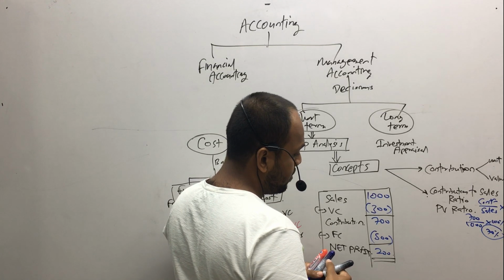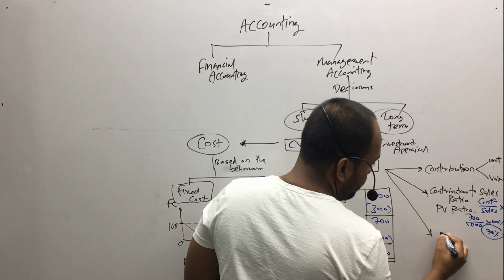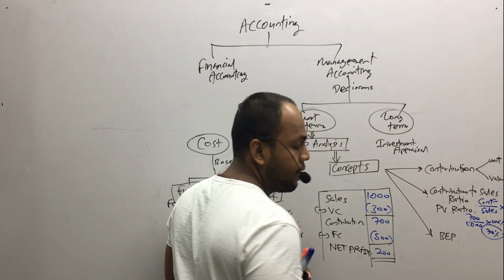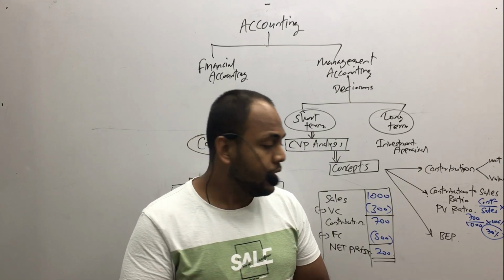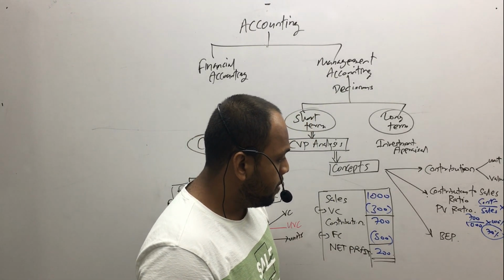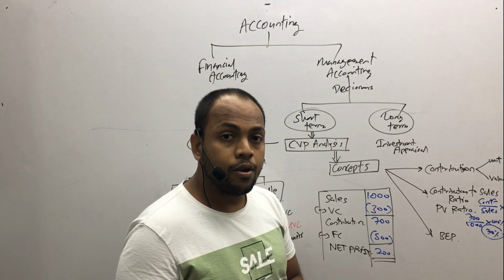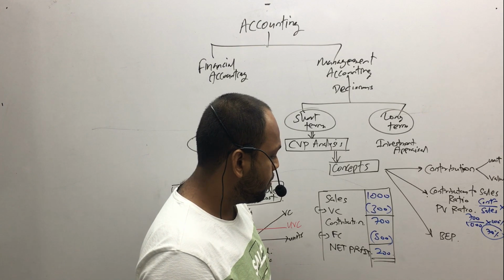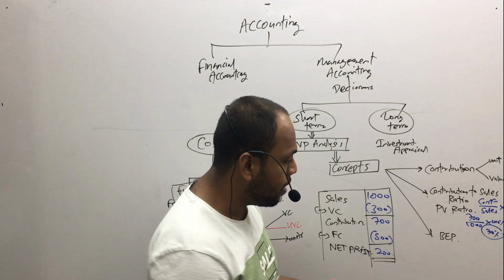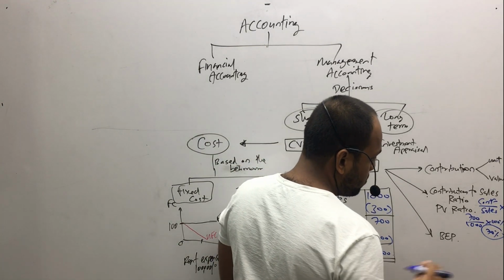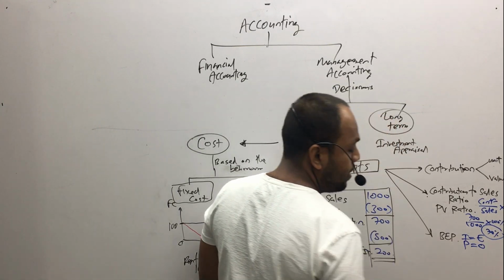Then the third concept, we learn the break-even point, BEP. What is break-even point? Break-even point means the number of units that you need to produce where your income equals expense, or your profit is zero.